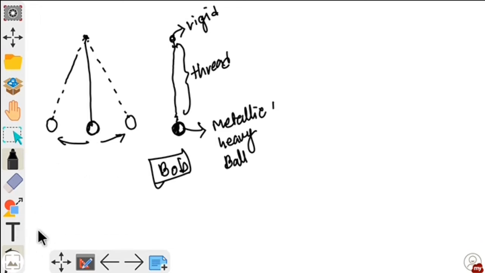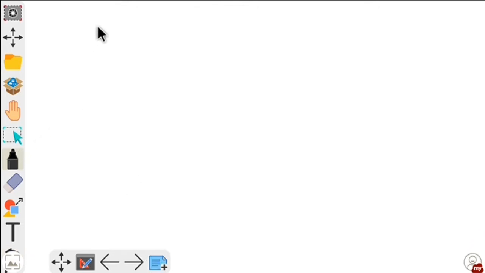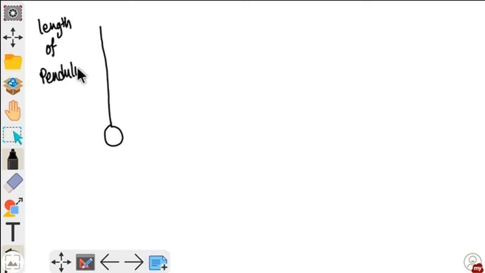Now, what is the length of the pendulum? Let's understand that. A pendulum consists of a thread and a metallic bob. The length of the pendulum is from the top to the middle of the bob.